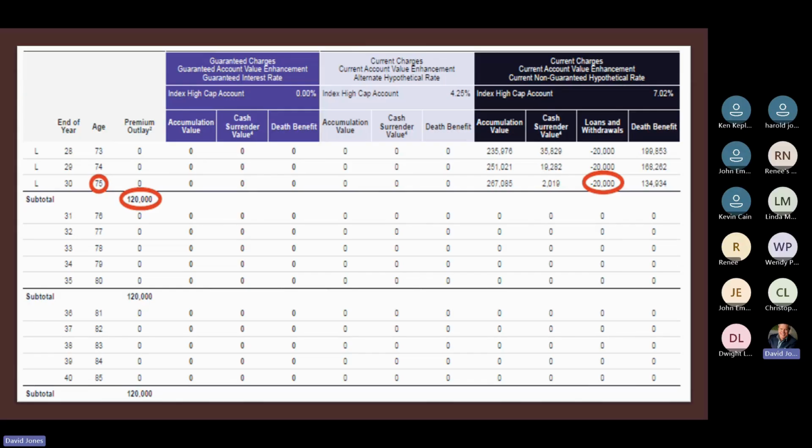And now he's 75 years old. Actually, he's only 10 years into retirement. So that plan for him, the 20,000 per year, only lasted 10 years.